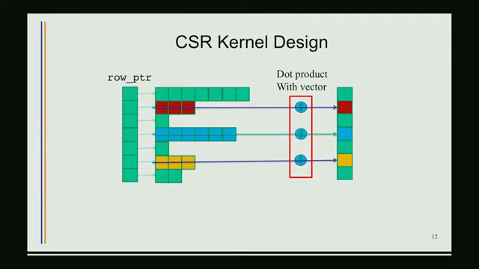That thread needs to be able to figure out which three elements it needs to multiply together with the x vector in order to do the dot product. Likewise, the second thread needs to read the blue row, and so on and so forth, in order for each thread to calculate the appropriate output element in y.